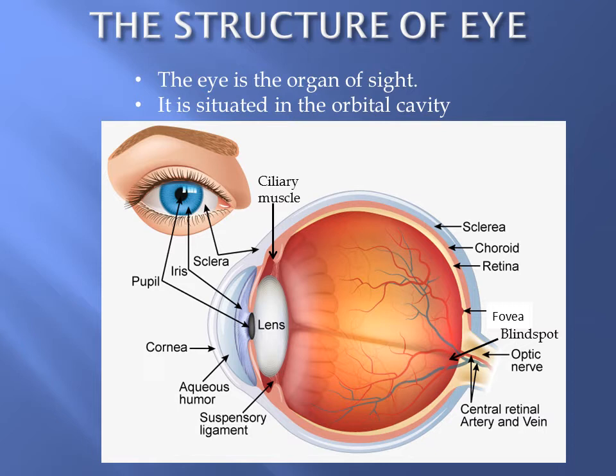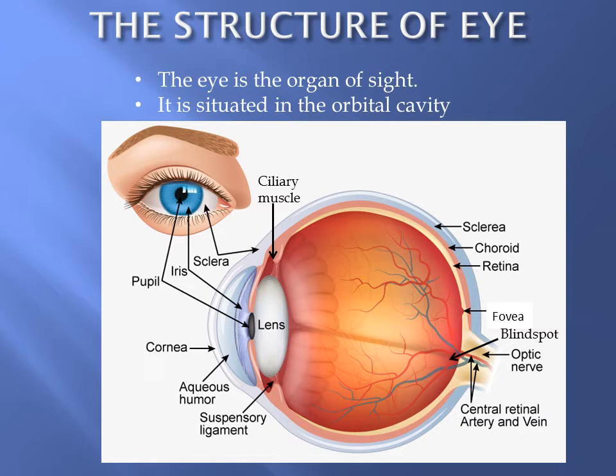Then the retina. The retina is a light sensitive tissue in the inner coat of the eye. It converts light to electrical signals and sends them to the brain for processing. This retina contains two types of light sensitive cells.